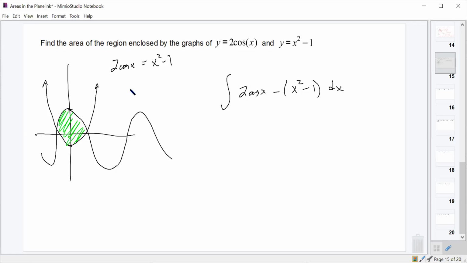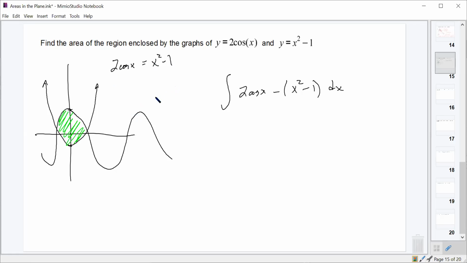On your graphing calculator, just graph both functions. One option is to graph both functions and use the intersect function on your graphing calculator and then like second calculate trace thing. The other option would be to do x squared minus 1 minus 2 cosine x and just look for the x-intercepts of it.